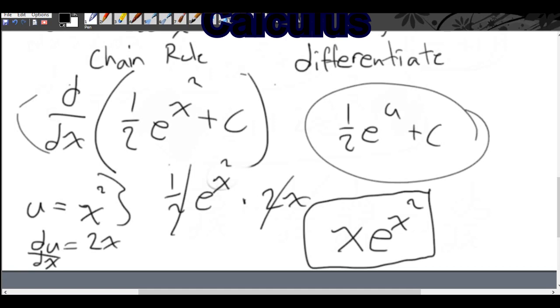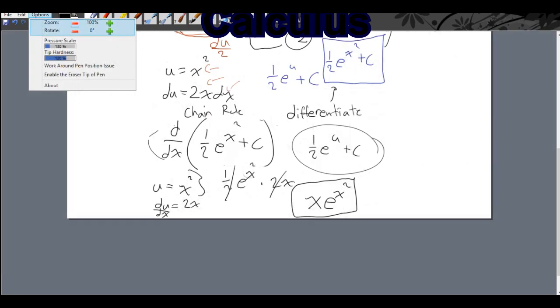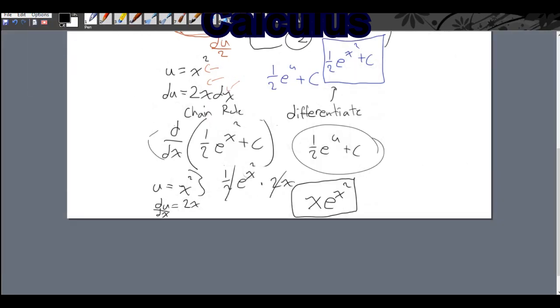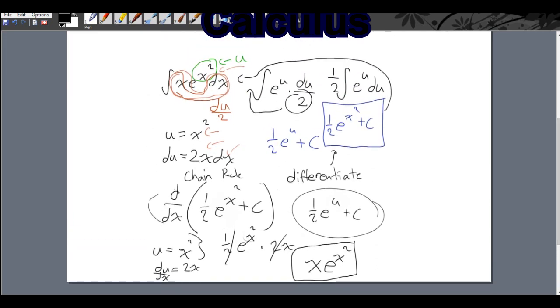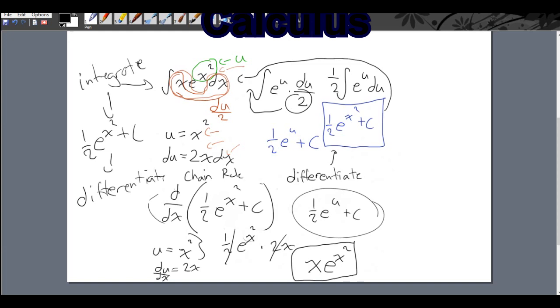Okay, let's zoom everything out so you can see everything. Now remember, back then we integrated this function, which gave us 1/2 times e to the power of x squared plus c. And if that's differentiated, it will revert back into its original state.